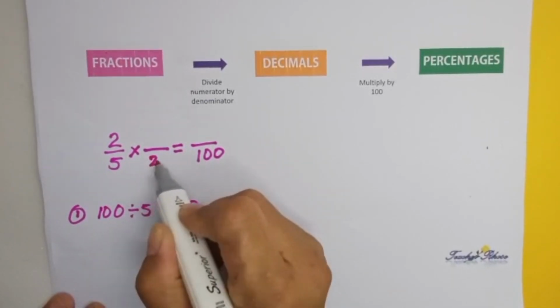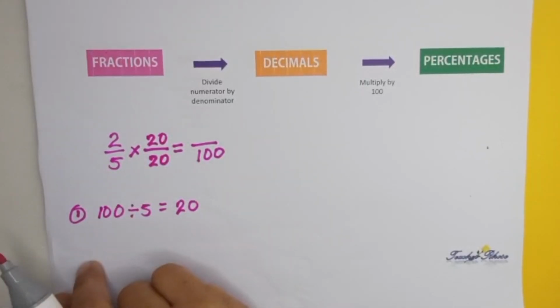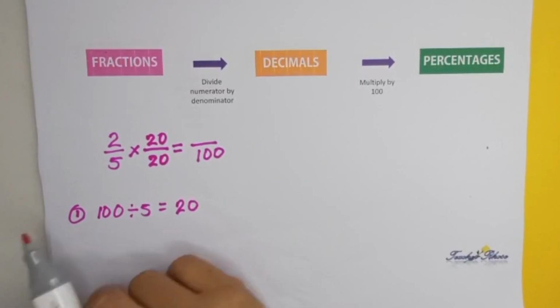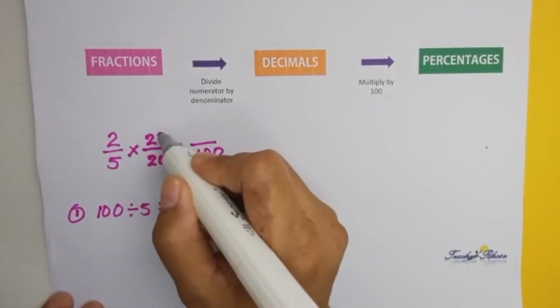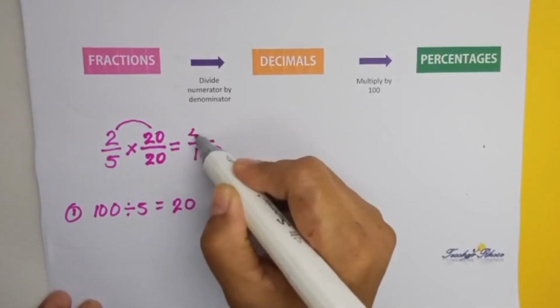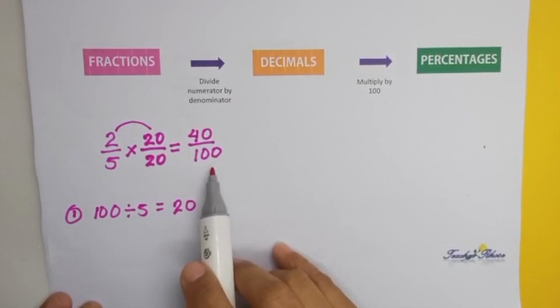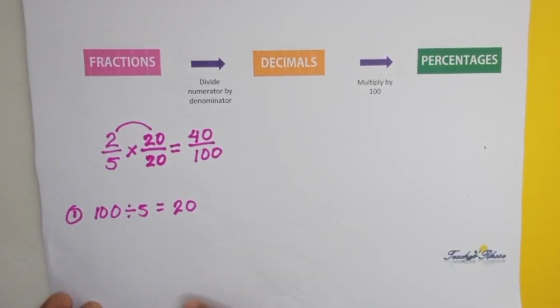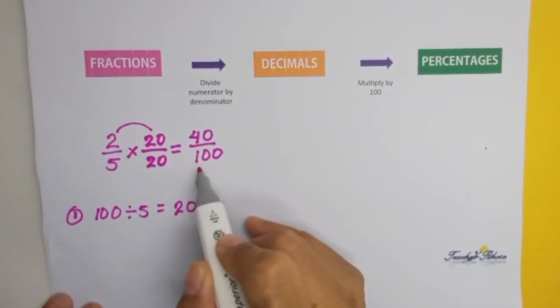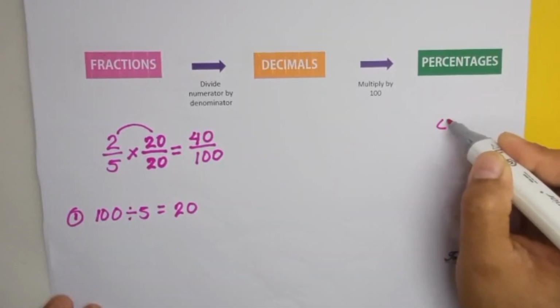Therefore, here I will multiply both sides by 20. 2 multiplied by 20 gives you 40. 5 times 20 gives you 100. Now I will already have the equivalent fraction of 2 over 5, which is 40%.